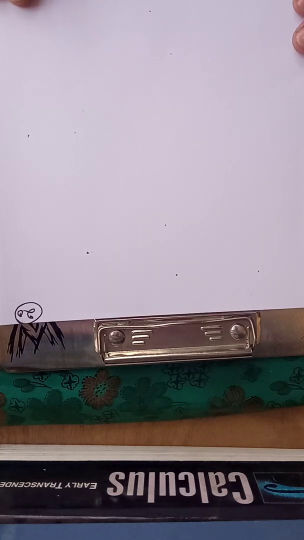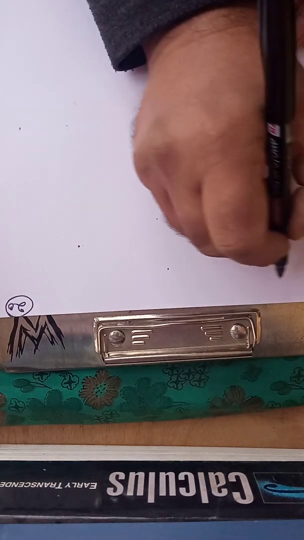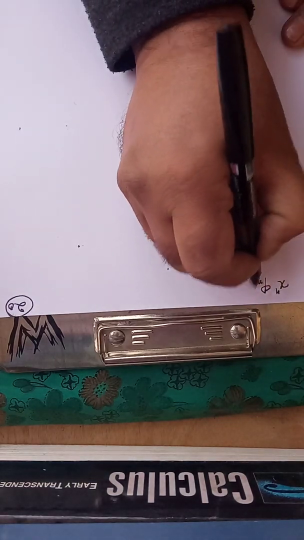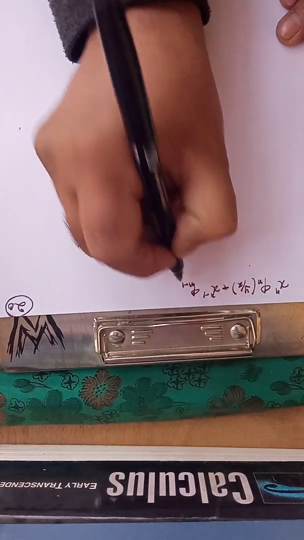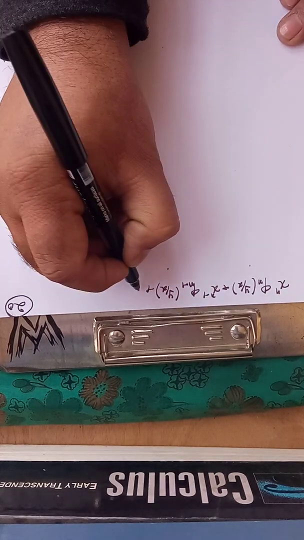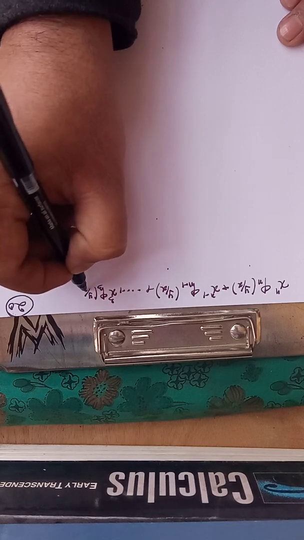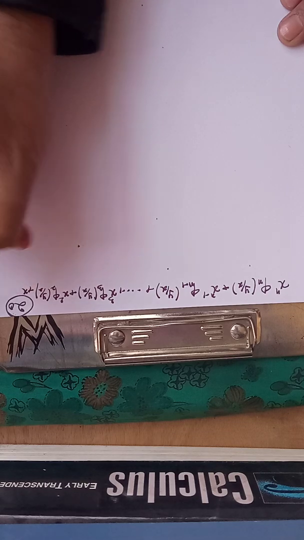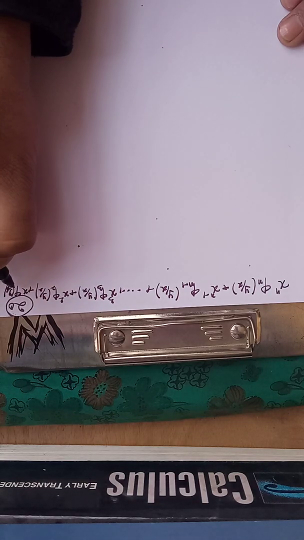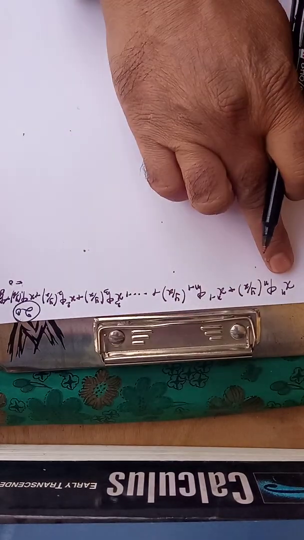The crux of the article is that an algebraic equation can be written in this form: x raised to power n phi n of y by x, plus x raised to n minus 1 phi n minus 1 of y by x, and so on, x cube phi 3 y by x, x square phi 2 y by x, x phi 1 y by x, and phi 0, equals 0. This is the equation of an algebraic curve of degree n.